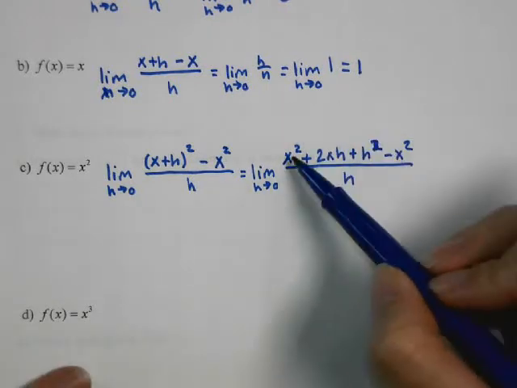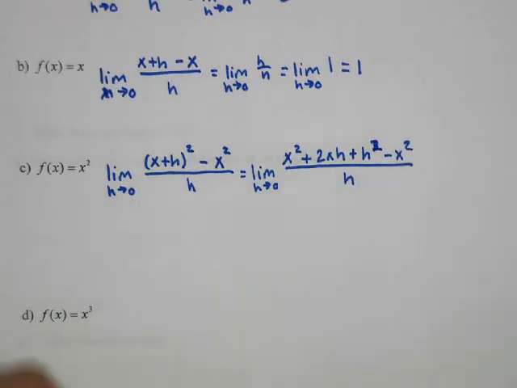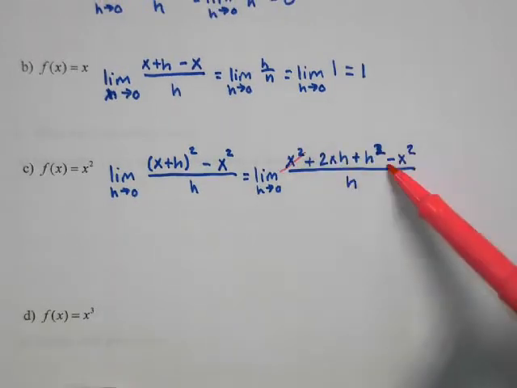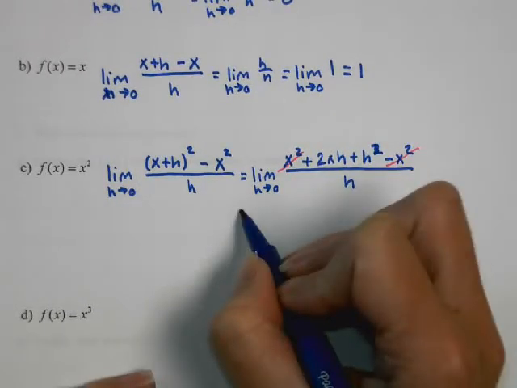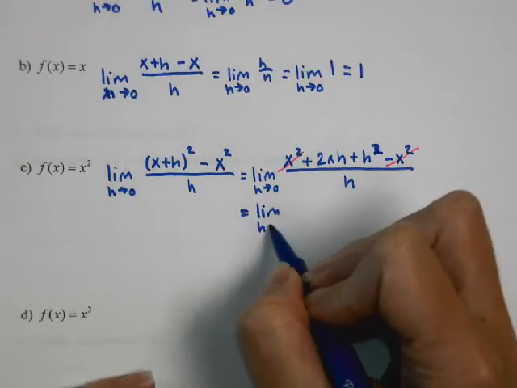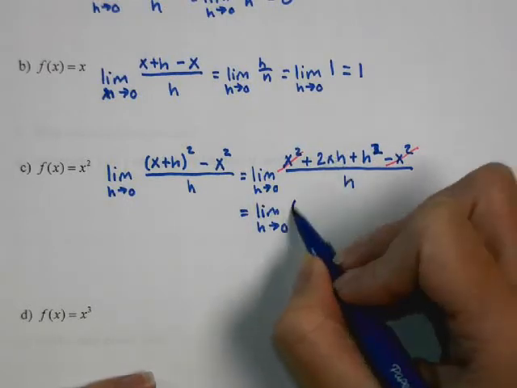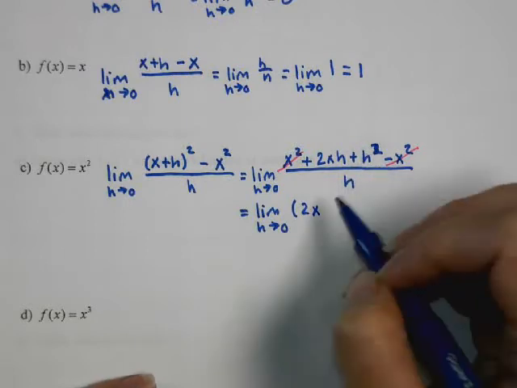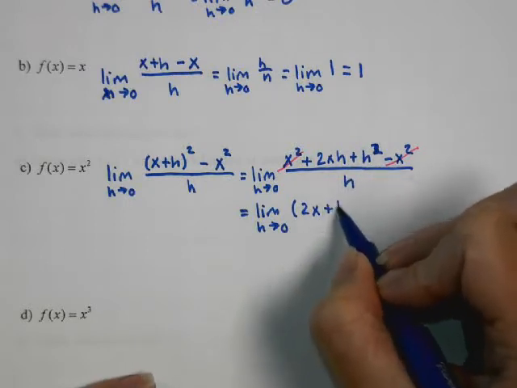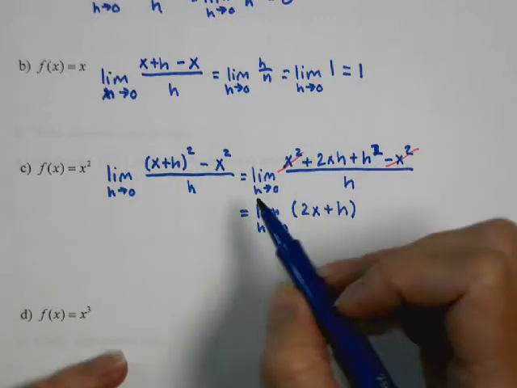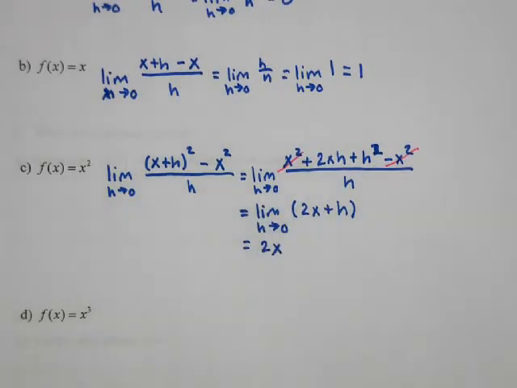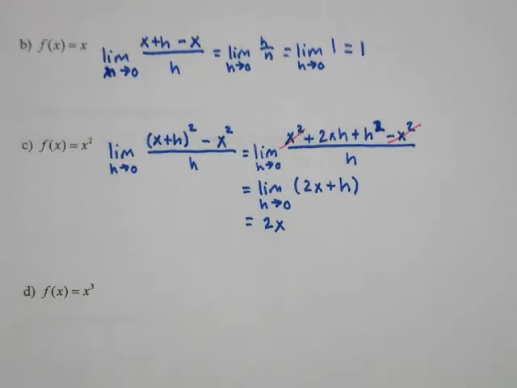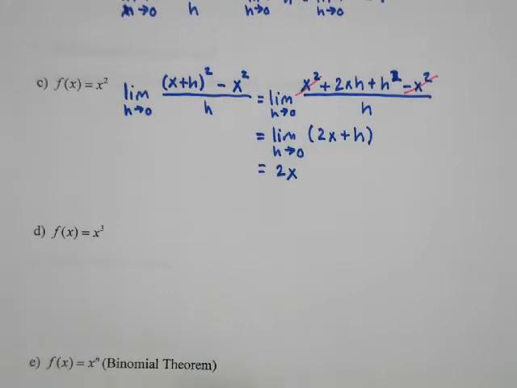So the x squared minus x squared is going to go away. And then the things that are left have an h in them. So this will be reduced by h, so that will be 2x. And then this will be reduced by h. So we have the limit as h goes to 0 of 2x plus h, which is 2x. So we saw that. Let's do a cubic function, and then we'll kind of start to see where this rule is coming from.